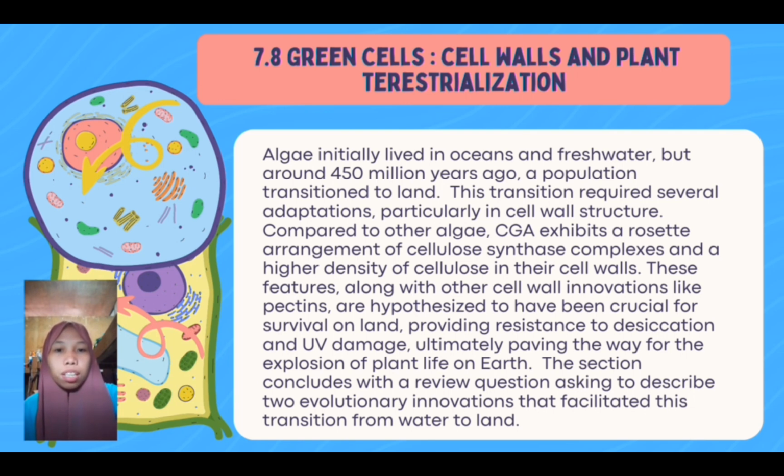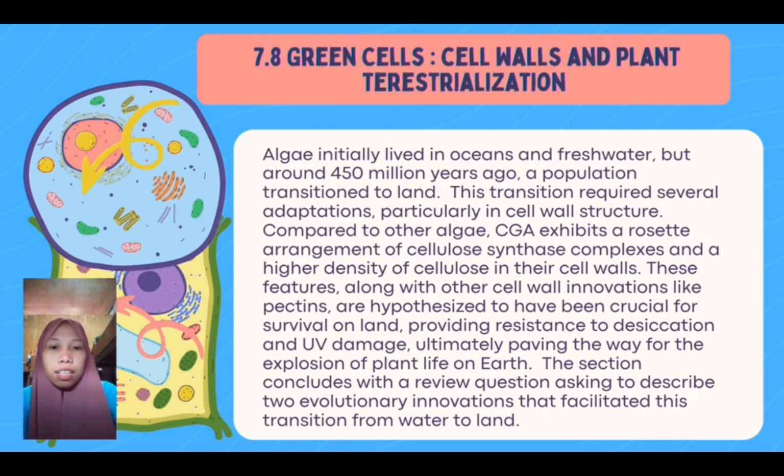So these features, along with other cell wall innovations like pectins, are hypothesized to have been crucial for survival on land, providing resistance to desiccation and UV damage, ultimately paving the way for the explosion of plant life on Earth. So the section concludes with a review question asking to describe two evolutionary innovations that facilitated this transition from water to land.